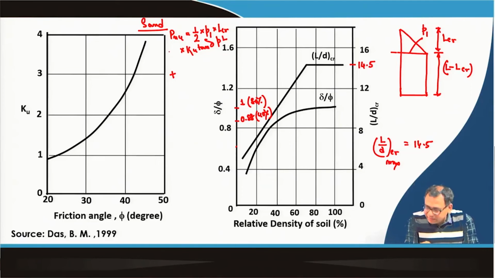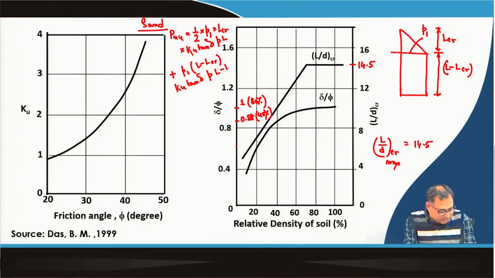And for the rest of the portion there will be P1 into L minus L critical into Ku into tan delta into P. Okay, this will not be there.